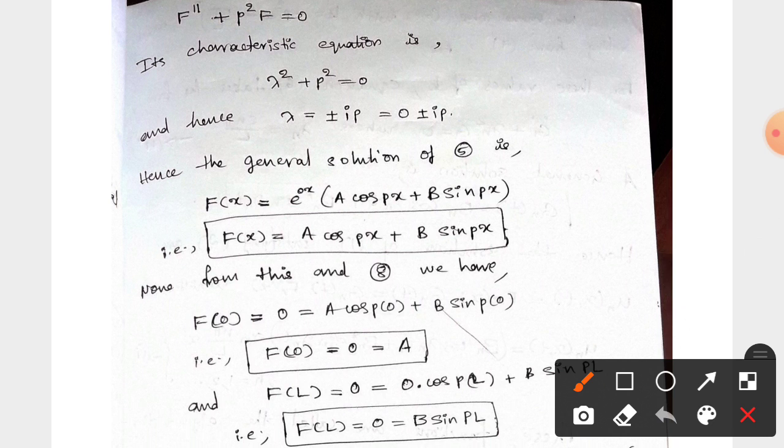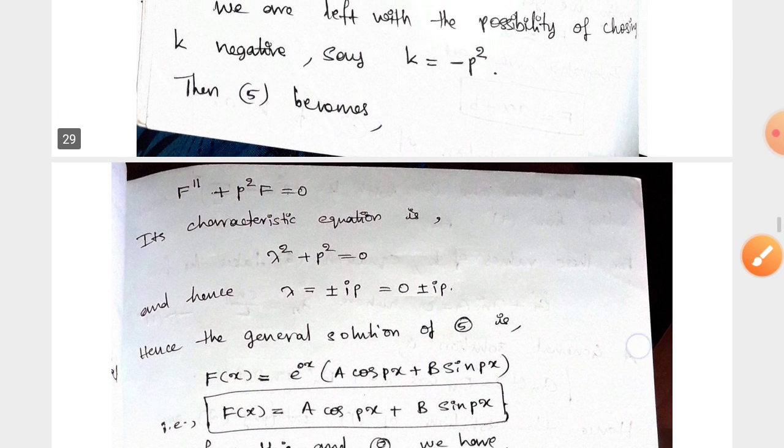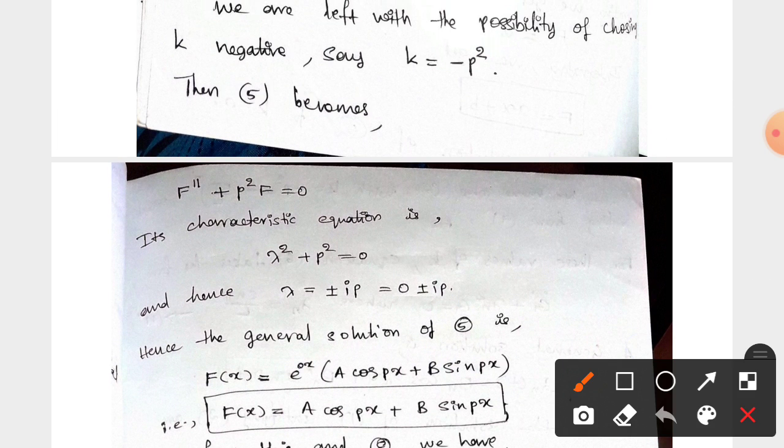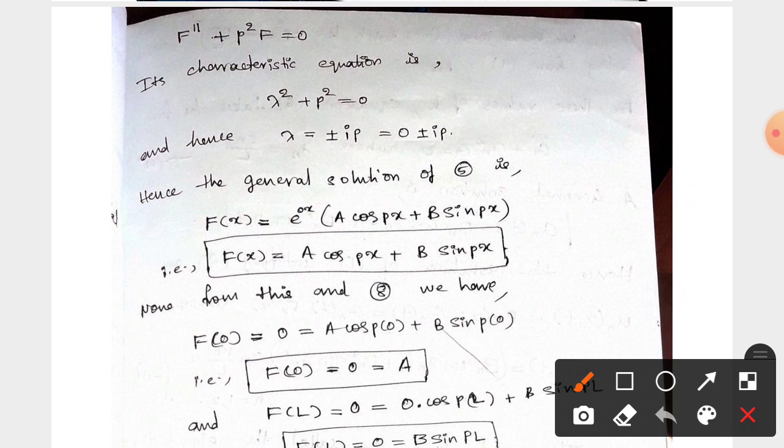So if the characteristic equation has complex roots, then the general solution of the original equation is given by what?